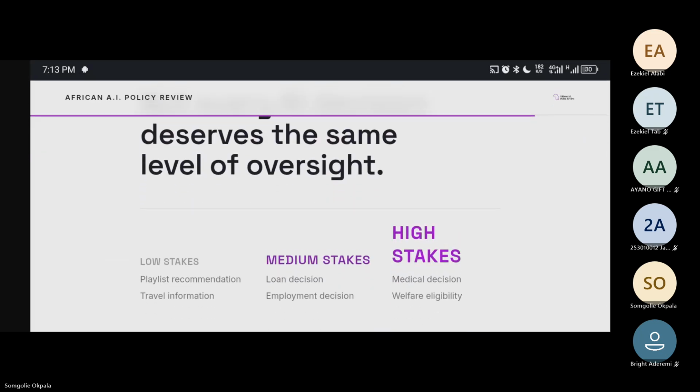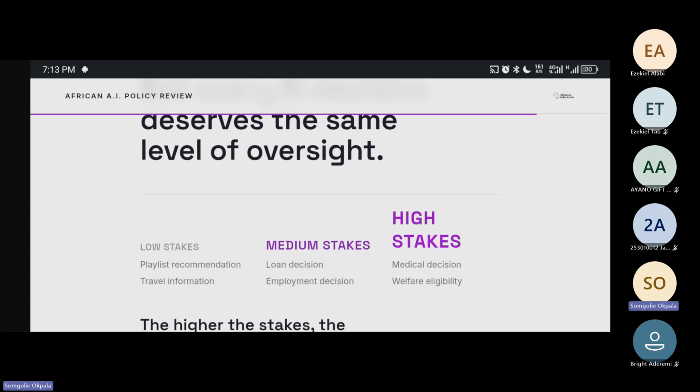There are situations where you can give AI the benefit of the doubt to choose for us, like playlist recommendations, travel information, just general small things. You can put AI in a game to help you make decisions, because at the end of the day, you don't lose much from that.